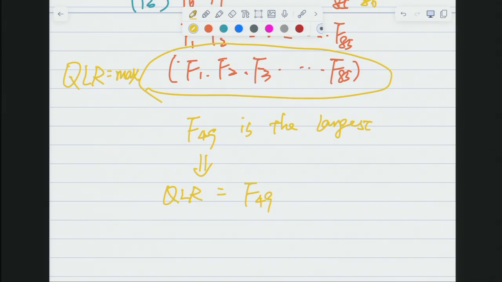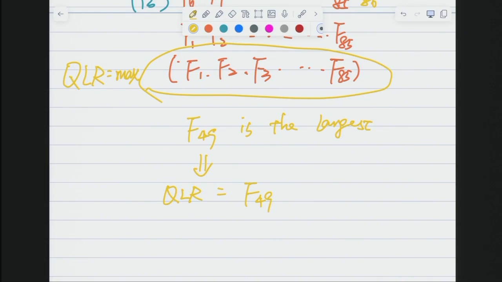And because this test essentially involves multiple child tests, here it involves 85 child tests and then searching for the one that gives the highest F statistic value, this test inherently requires a larger critical value compared to the standard F test, okay?